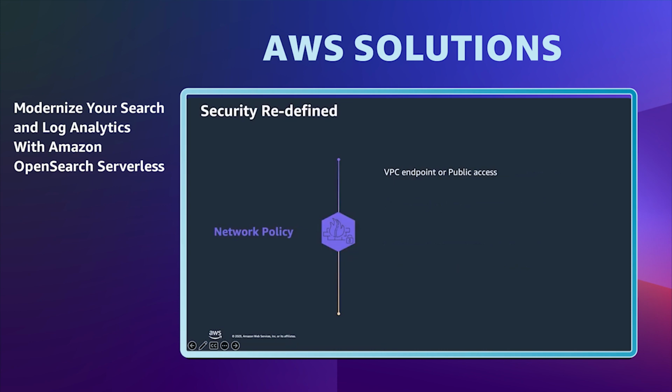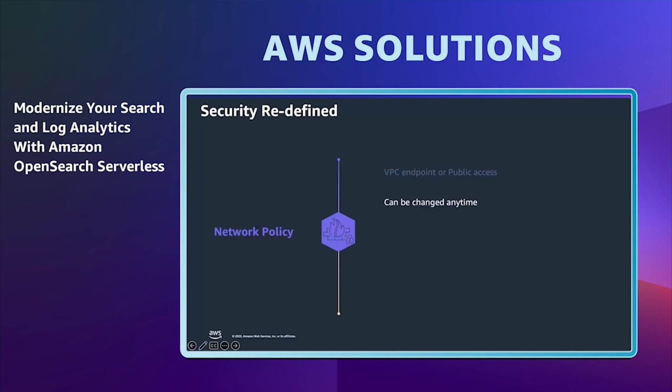Then talking about the network settings, with OpenSearch Serverless, you can determine whether your collection should be accessible over the internet from public networks or it should be accessible on the VPC. The thing is, encryption policy, once you define it, cannot be changed after your collection has been created. But with the network policy, you can change it at any time.